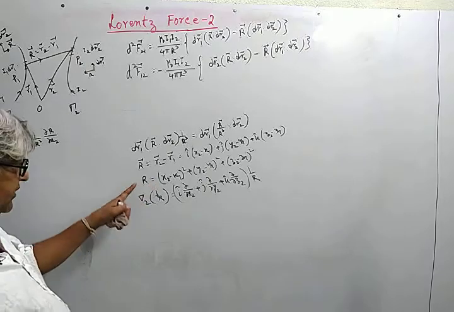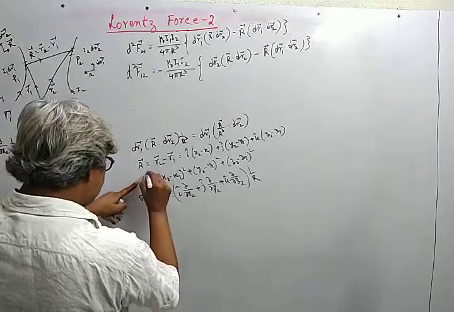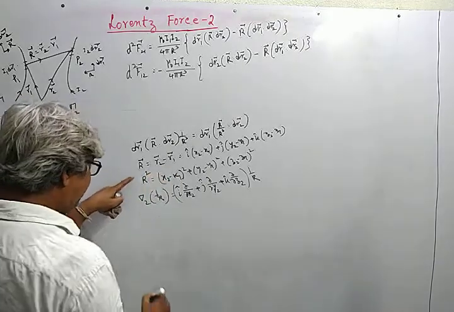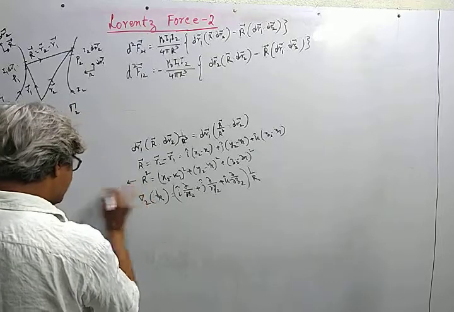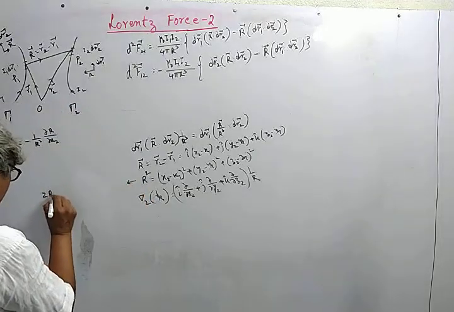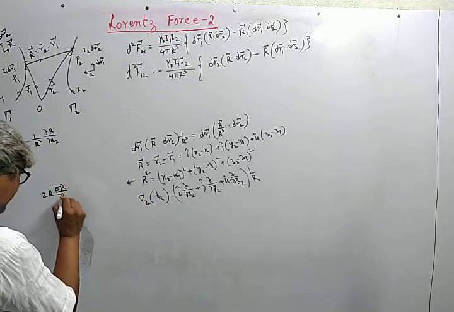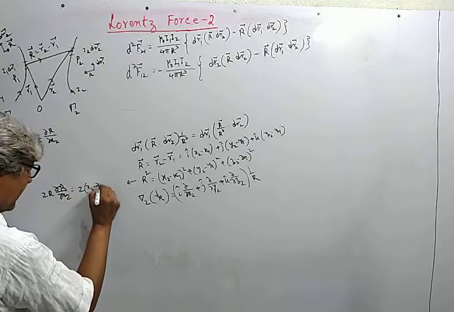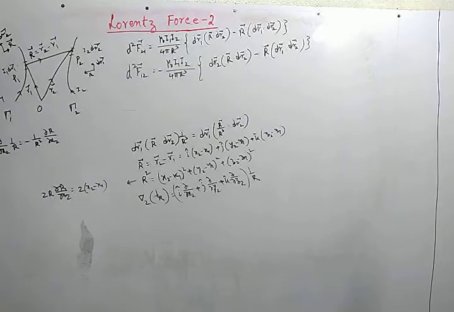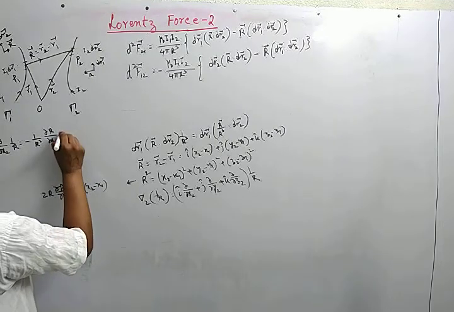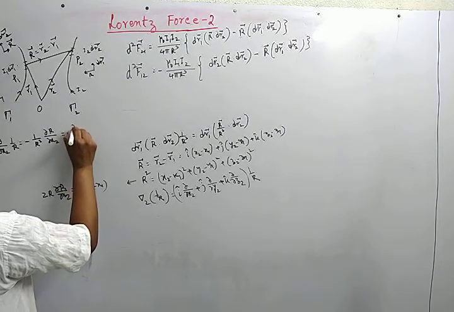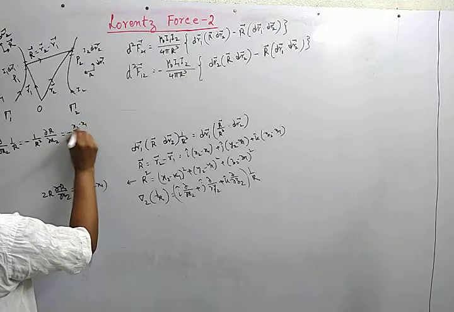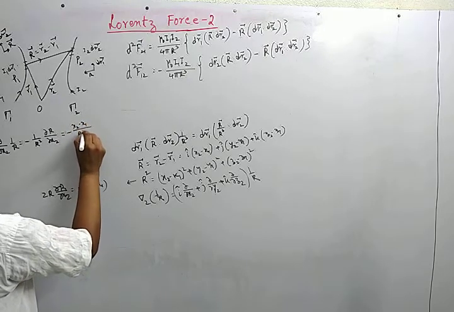If we differentiate r square, it gives twice r del r by del x2, which is twice (x2 minus x1). So this is equal to minus (x2 minus x1) by r cube.